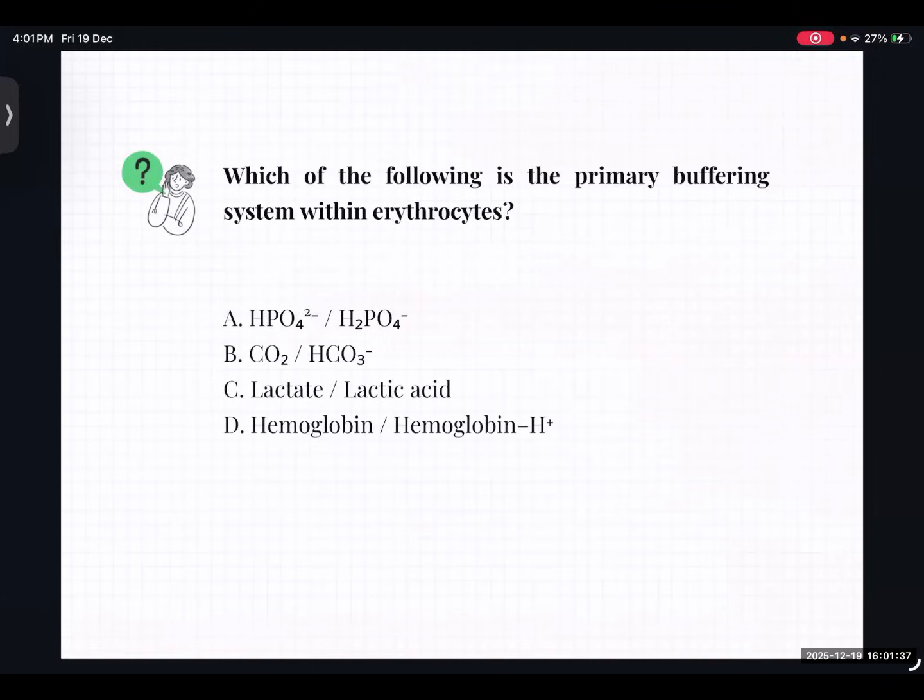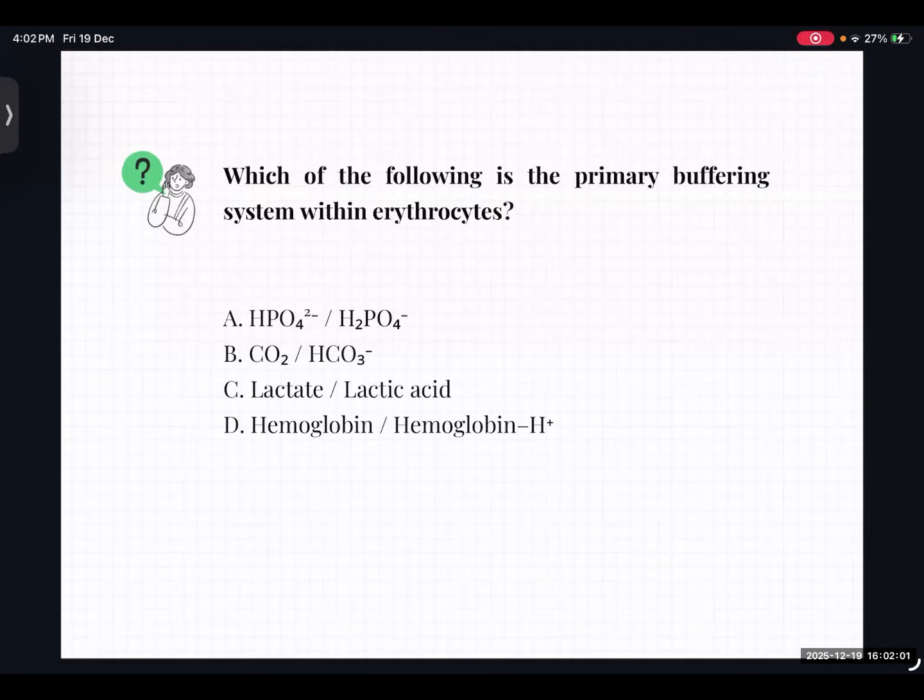Okay, I assume none. A very simple recall question here. Which of the following is the primary buffering system within erythrocytes? Perfect.